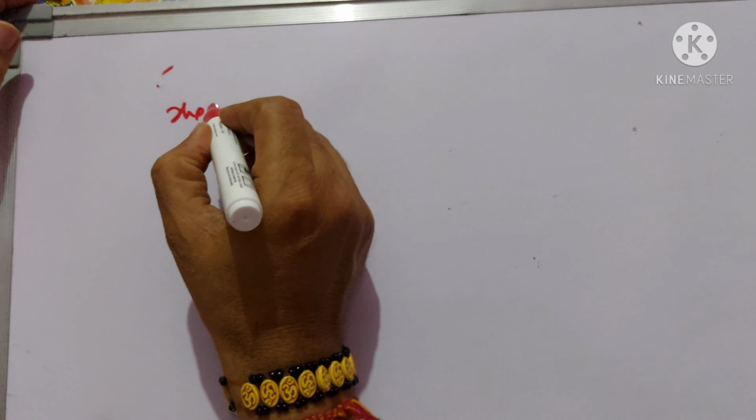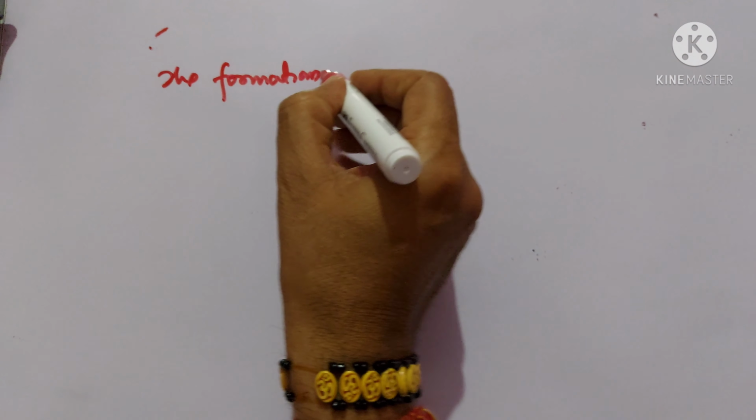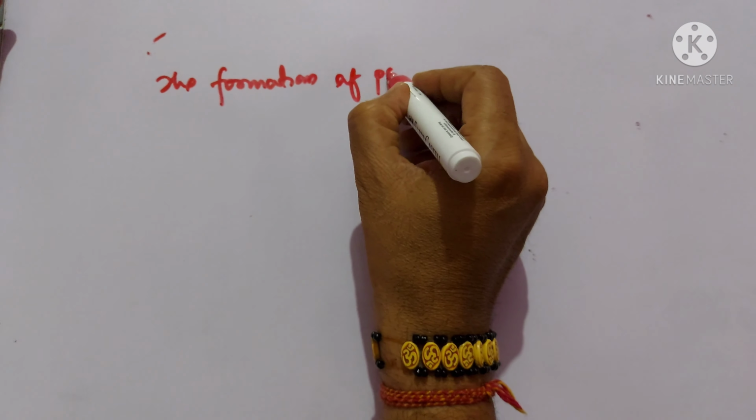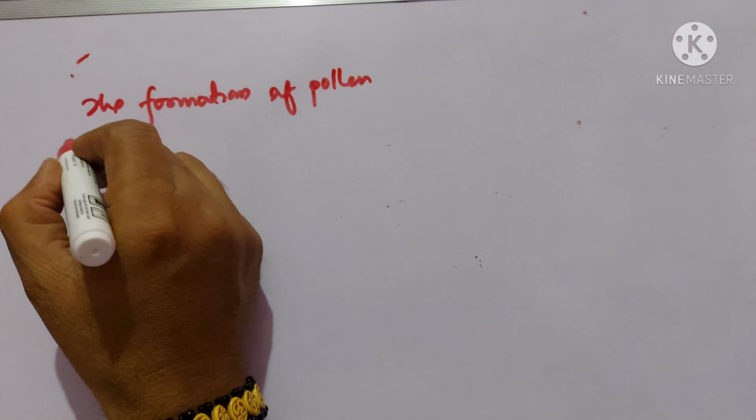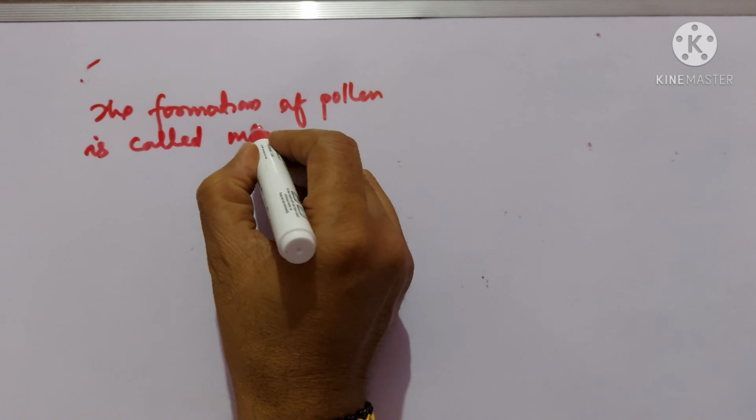The formation of pollen is called microsporogenesis.